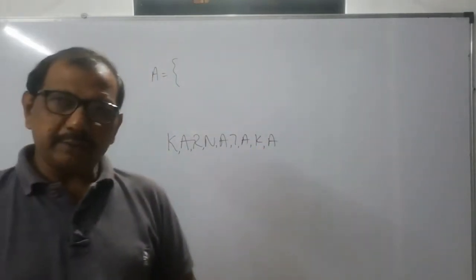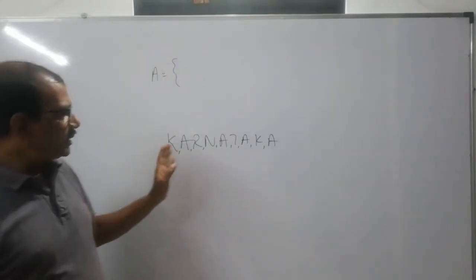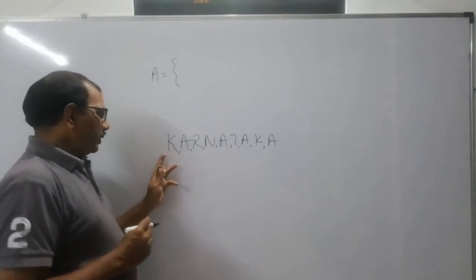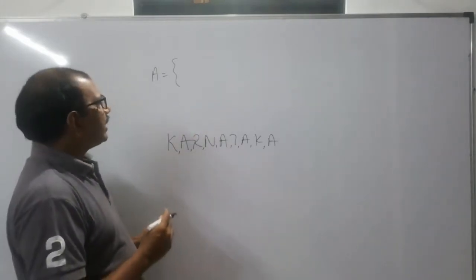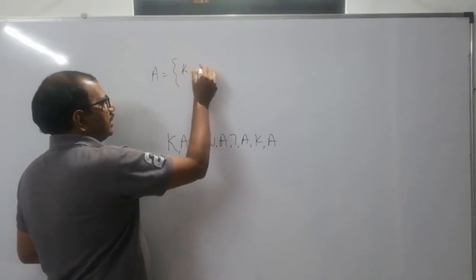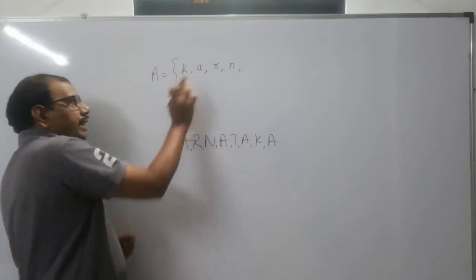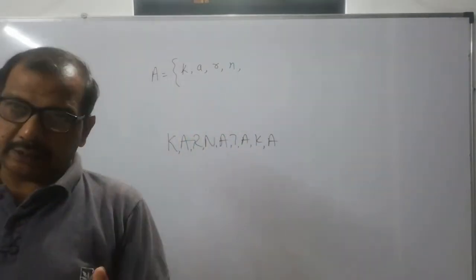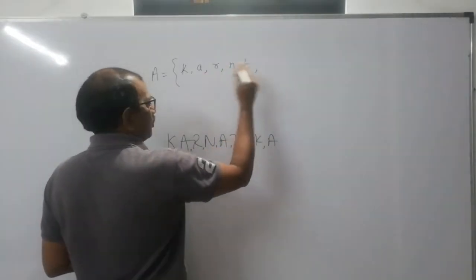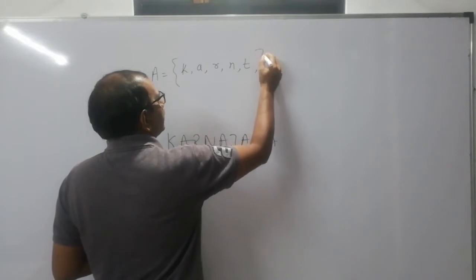Set notation mein when we write A is a set of the alphabets in the word Karnataka, तो यहाँ पे although they are capital letters, but while writing it we make use of small letters. Say K, A, R, N. A already है यहाँ पे, so we will not repeat it, right? Then T, A is already there, K is already there. Once again, A is already there.